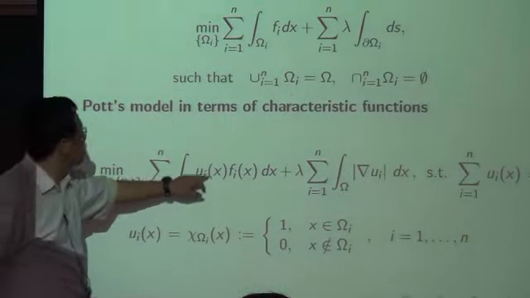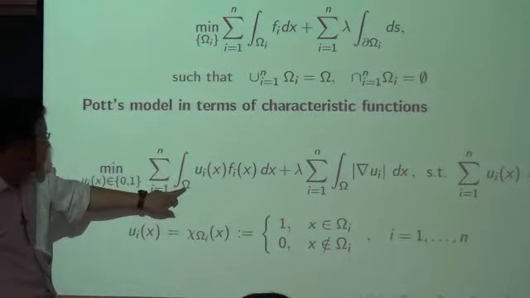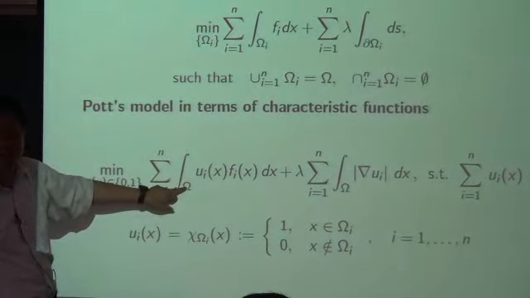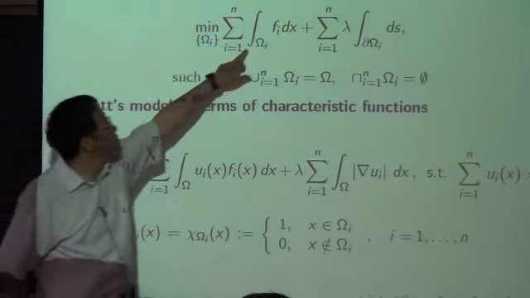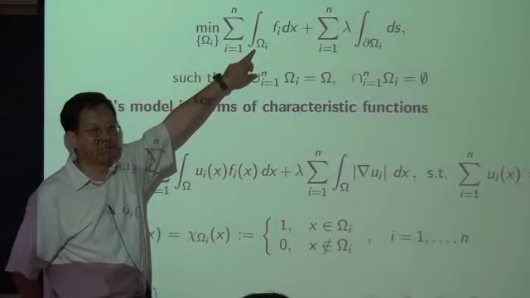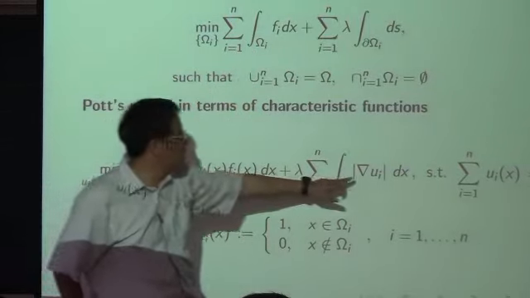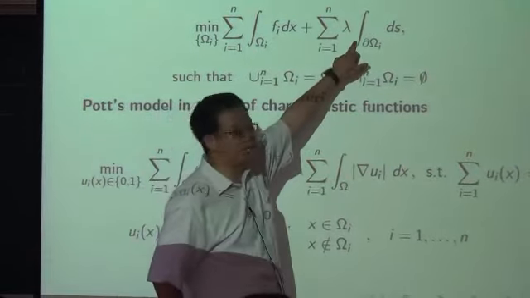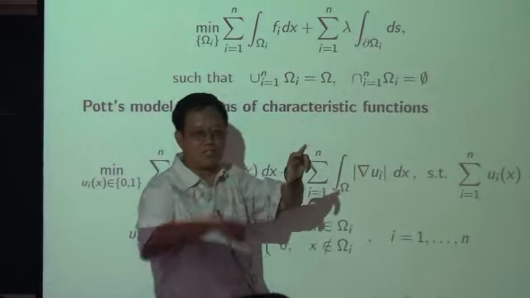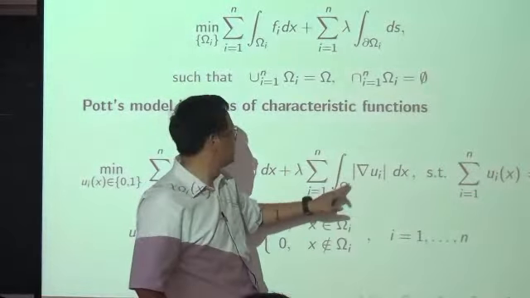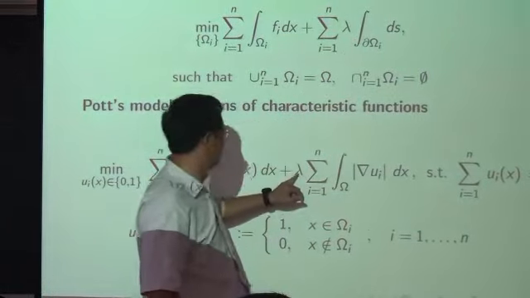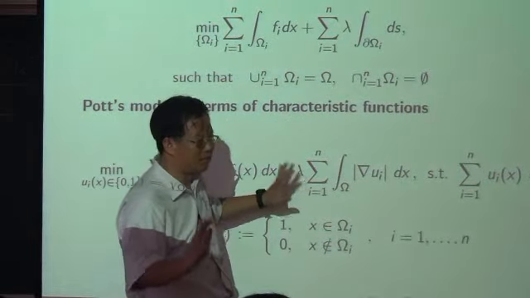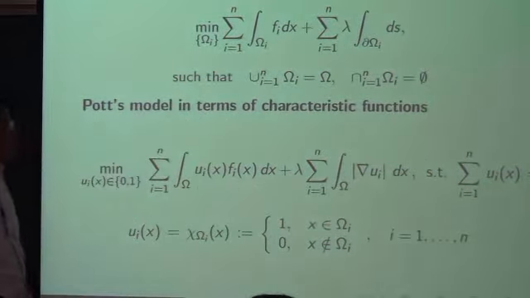Then you just put the ui here and integrate over the whole region, and this reduces to the integration over omega i. Again, you take a total variation, and this will equal twice that one, because each interface will be counted twice. But we just use the same lambda.